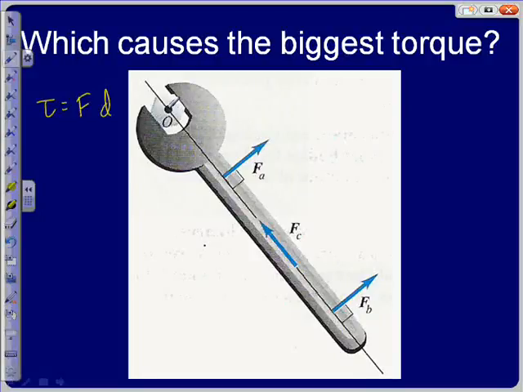If we're talking about using your fingers, the distance is only from the center of the nut to the edge of the nut, because that's how far away you are from the center. But when we use the wrench, now we can get this far away from the center. And that increases r in this formula, and that ends up with more torque. We get more rotation. Good.